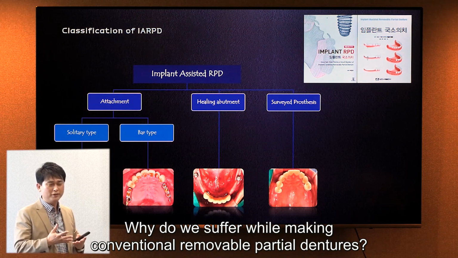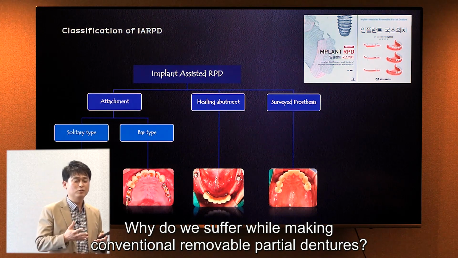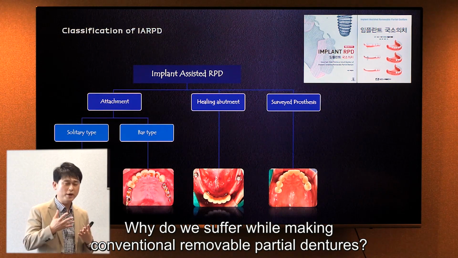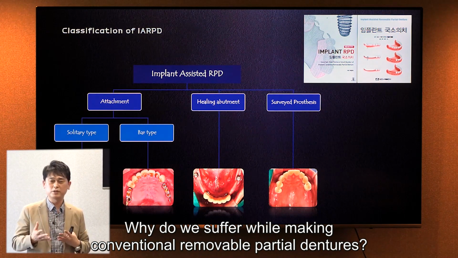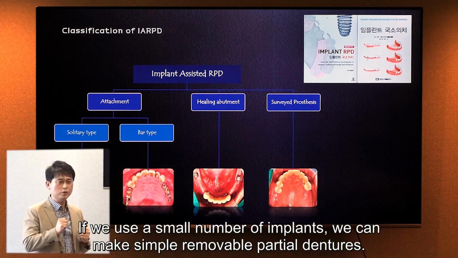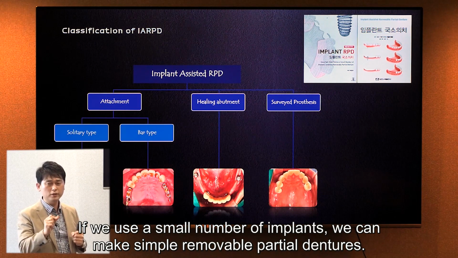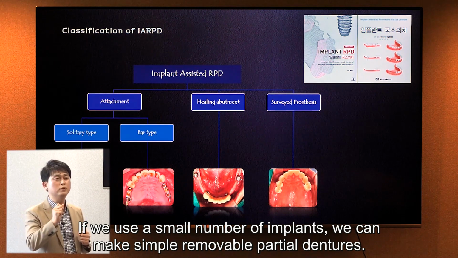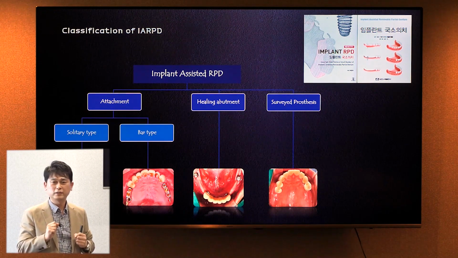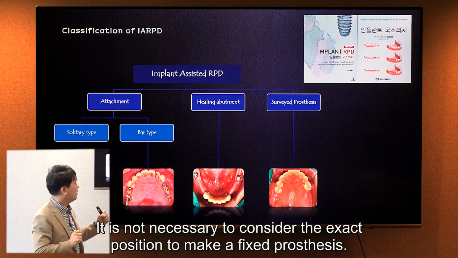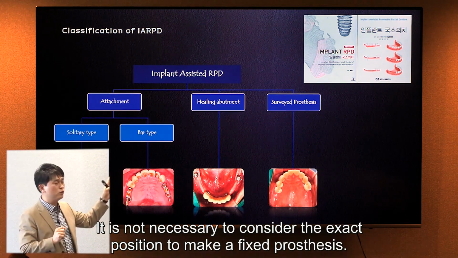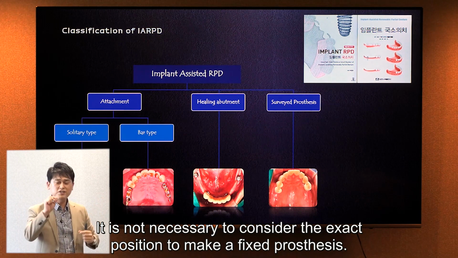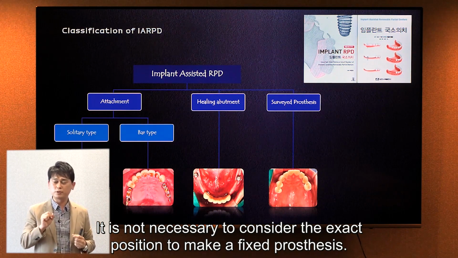Why do we go through the trouble of making an implant or conventional removable partial denture? If we use a small number of implants, we can make a very simple removable partial denture. Especially, we are not required to consider the exact position needed for a fixed prosthesis.